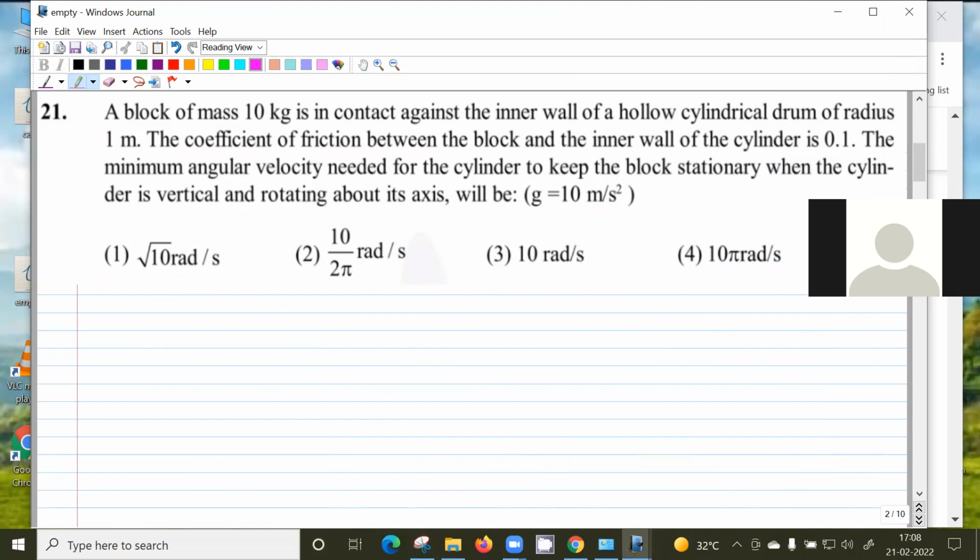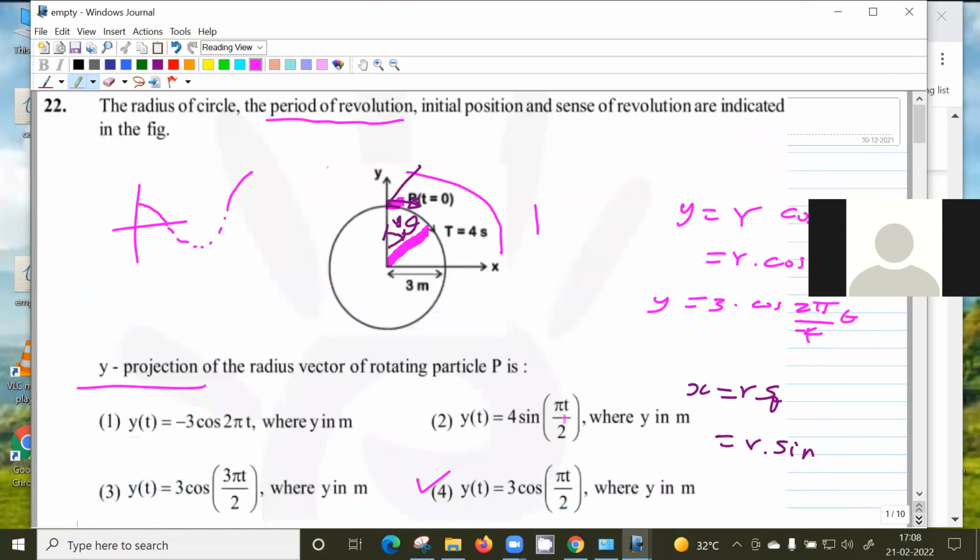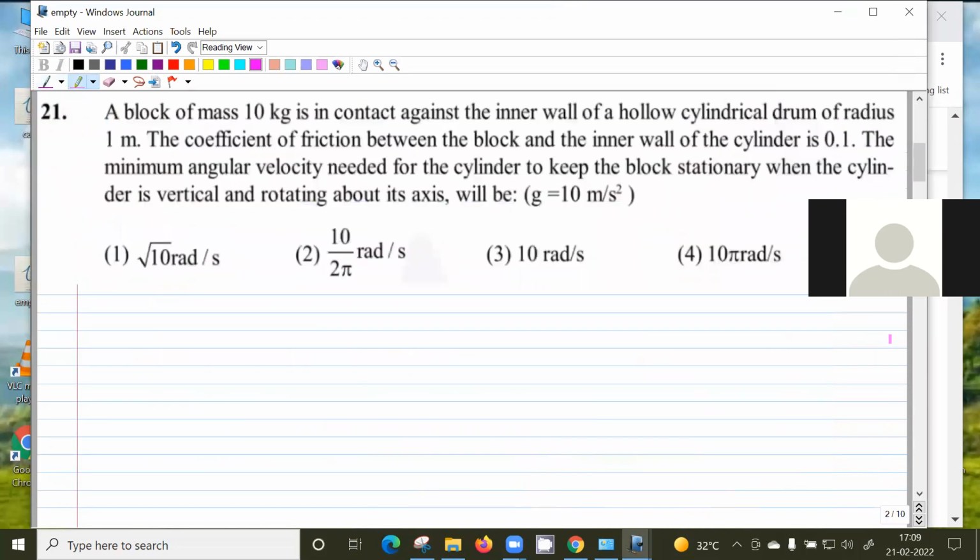Option 3. That is velocity. R omega will be 10 only, sir. So option 3.